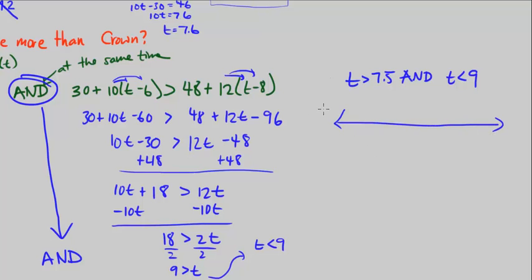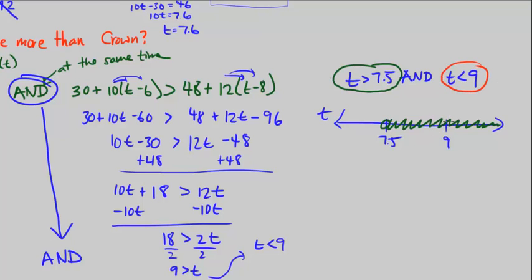This is a number line for T. Here's 7.5, here's 9. T is greater than 7.5 is an open circle here, and it's everything to the right. T is less than 9: here's 9, it's an open circle, and it's everything to the left.